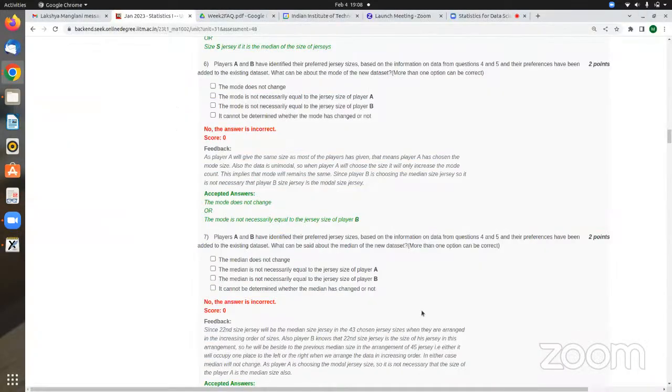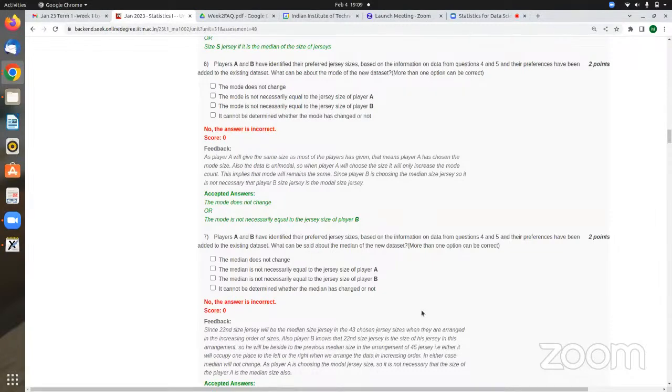And even if I'm adding, because see, mode is the most frequent value, right? And player A is always preferring what? The mode. So if something is already the mode, and you are adding one more thing, and the other player, whatever he will choose, it will not change the mode, right? Definitely it is not going to change the mode, because we are adding only one more possibility here. If you are understanding what I'm saying, then it's easy. Yes, sir.